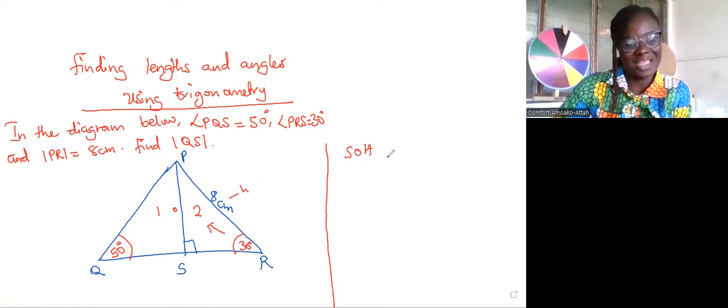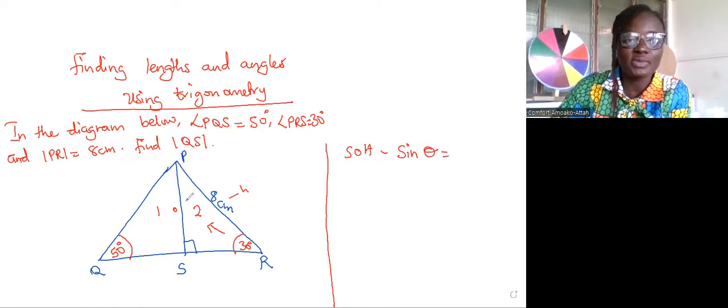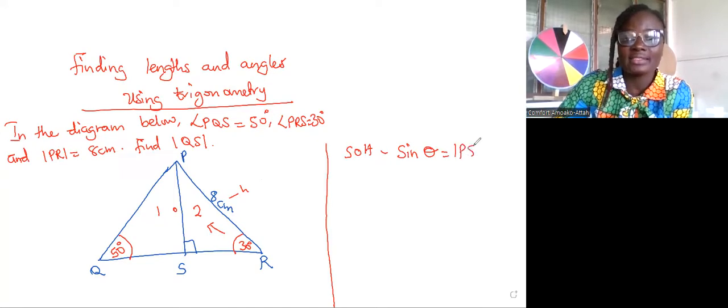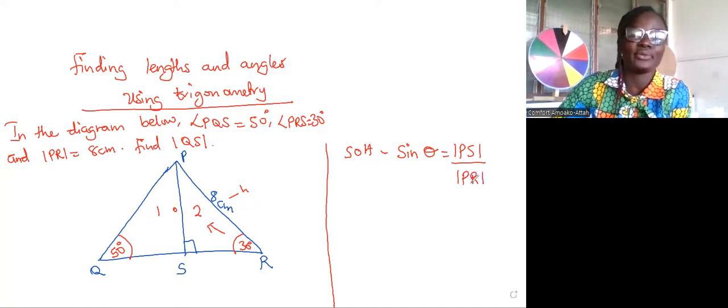So I believe you remember. Good. So we are going to have sine theta is equal to opposite, which is line PS, over hypotenuse, that is OH, O over H. Hypotenuse is what? Line PR.